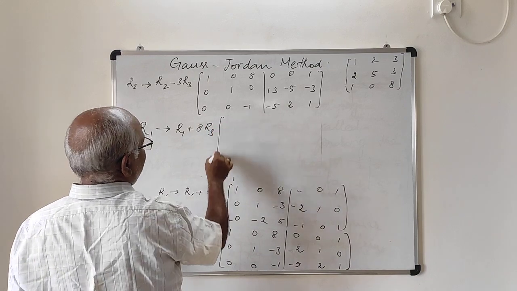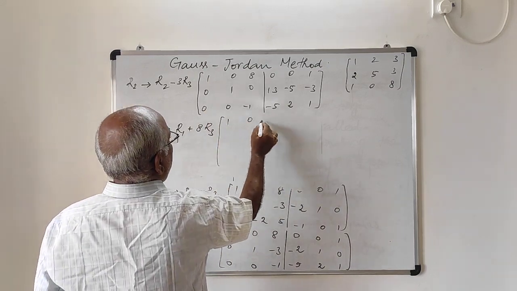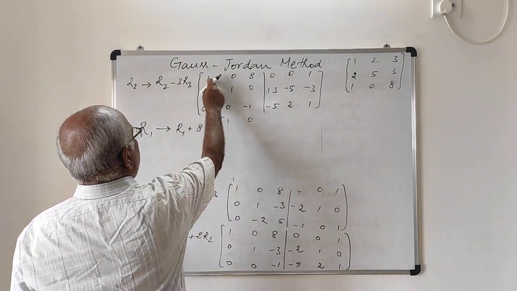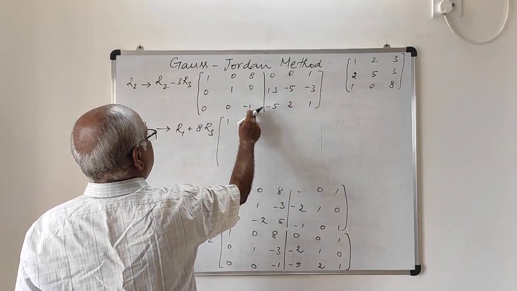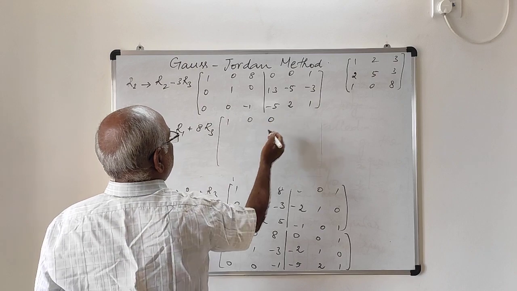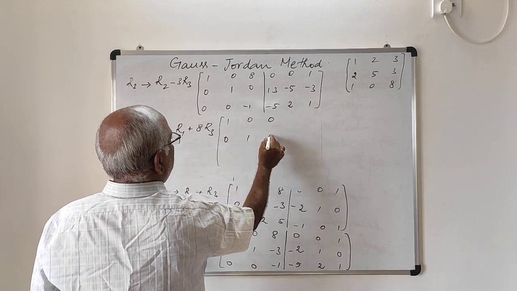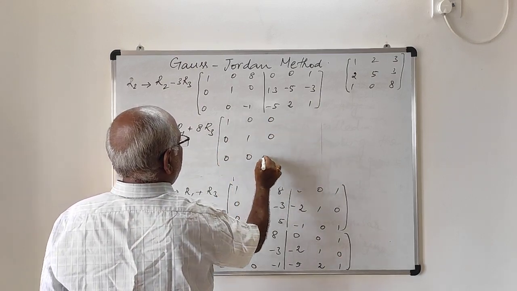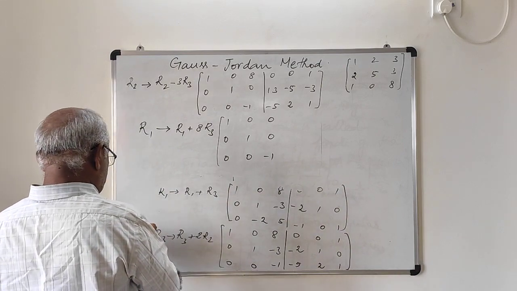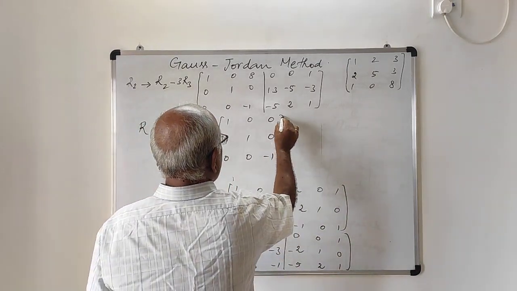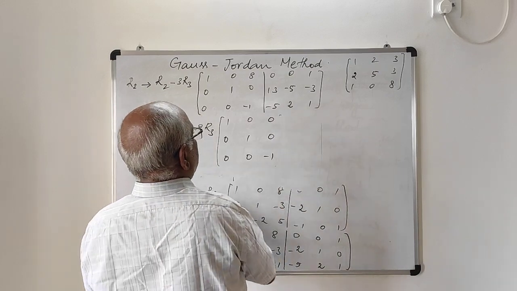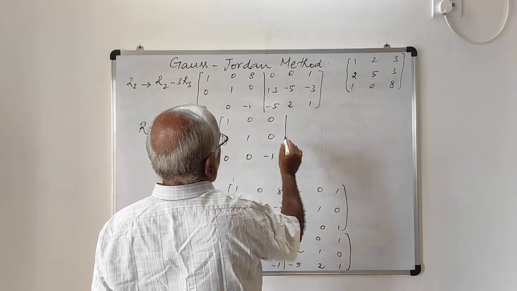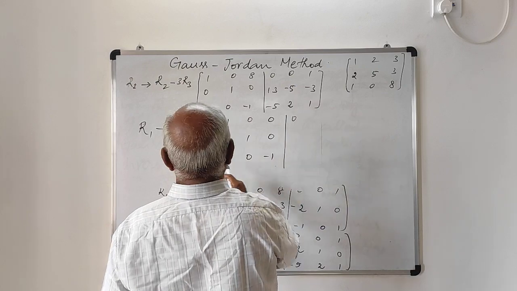So this is 1, 0, R1 is 0, and 0, 1, 0, 0, 0, minus 1. And this is R1.